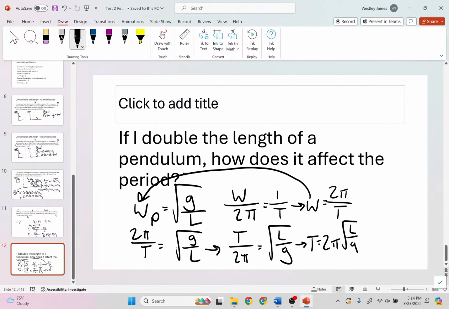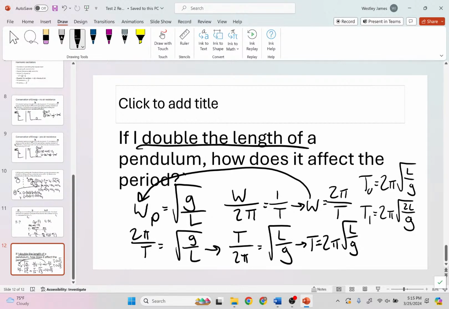All right. Great. So now we're finally at the easy step. So this is the original. We had to build our equation. So my original period, we'll call it T naught, was just 2 pi square root of L over g. My new period is 2 pi square root of 2L over g, if I double the length.